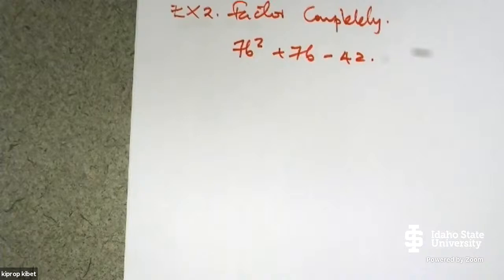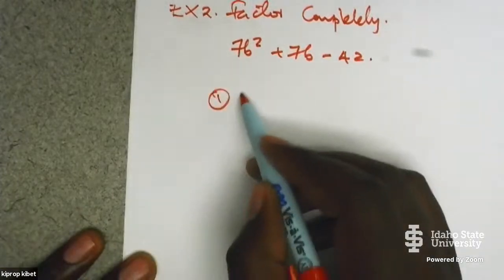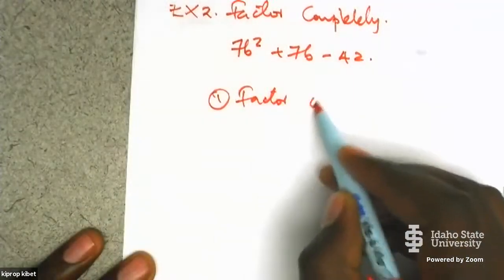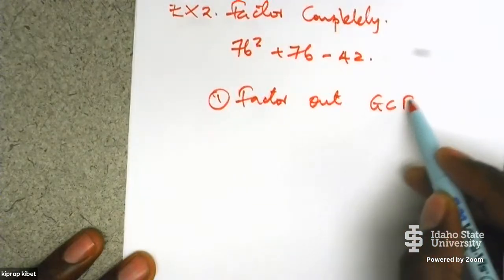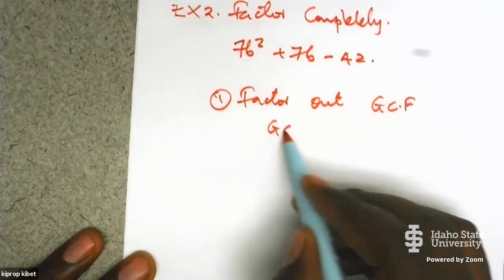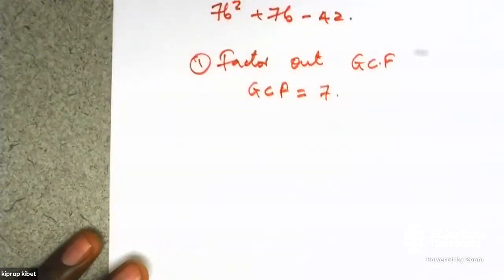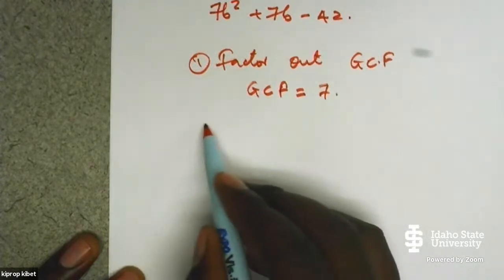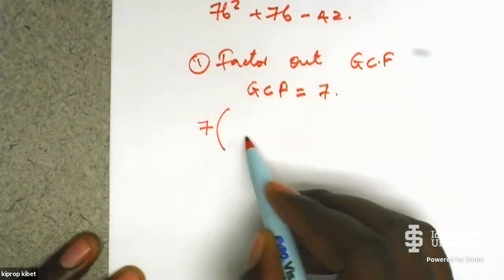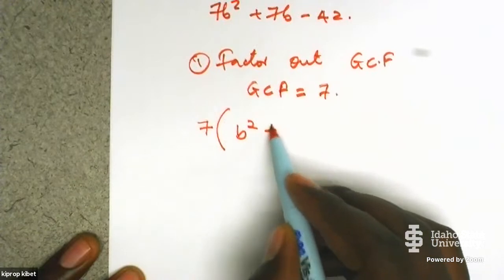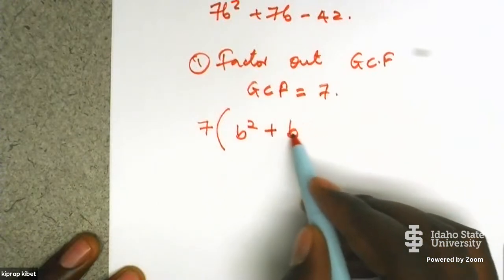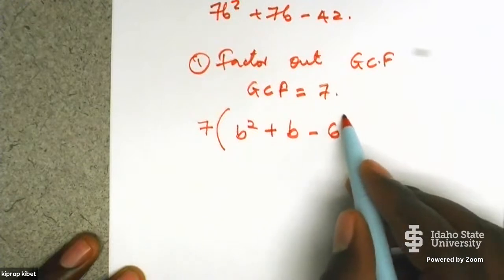Step number 1, we factor out the GCF. Our GCF is equal to 7. So 7 times b squared plus b minus 6.